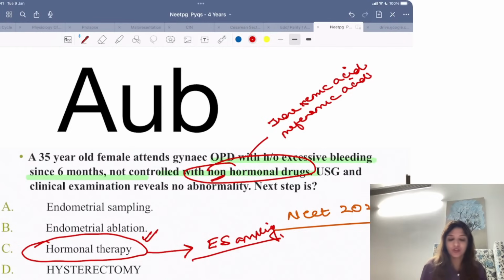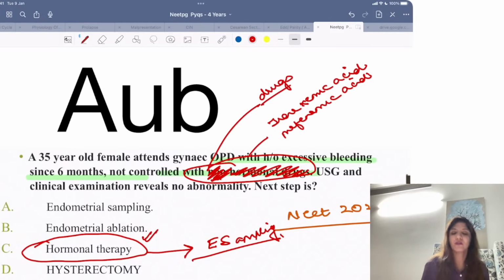Now suppose it wasn't non-hormonal drugs, it was just that the bleeding is not controlled with drugs. So you've given her medical treatment and the bleeding is not getting controlled. Then in that case, my answer would have been endometrial sampling.